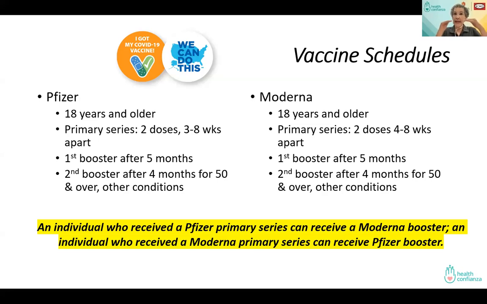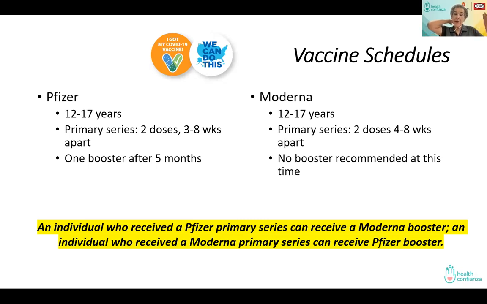So the other thing to communicate into the community is that an individual who received either Pfizer or Moderna primary series can receive the other vaccine for boosters. So for instance, if I got Pfizer for my primary series, I could still get Moderna for my boosters and vice versa. Next slide, please.